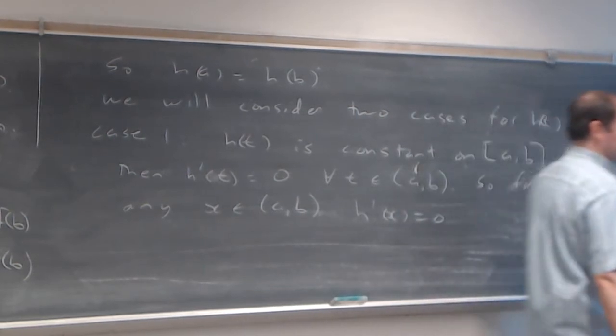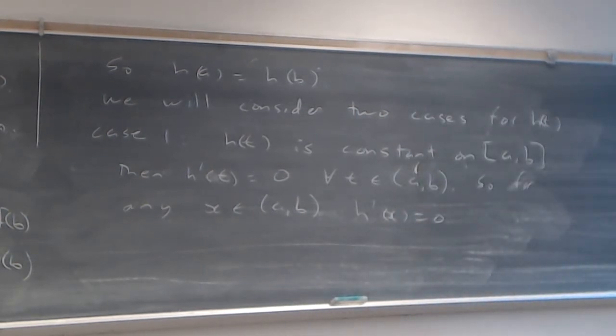Remember, we're just trying to show the existence of some x in the open interval from A to B such that the derivative of h at that particular x is equal to 0. And in this case, there's tons of x's that make this true. That was sufficient to show that the theorem is true in this case, where h of t is a constant.